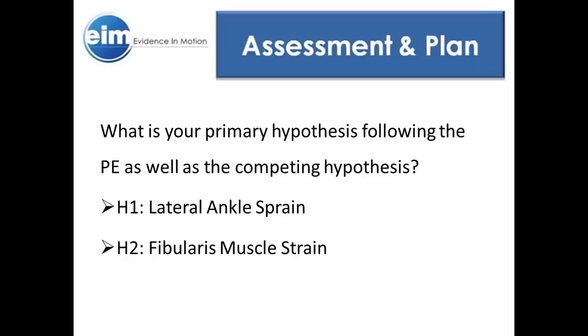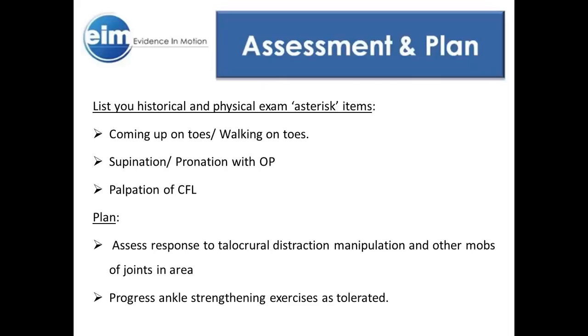After the physical examination, my primary and secondary hypotheses remained the same, with H1 being lateral ankle sprain and H2 being fibularis muscle strain. My historical and physical exam asterisk signs were coming up on his toes, especially walking on his toes, as well as supination and pronation with overpressure and palpation of the calcaneofibular ligament.